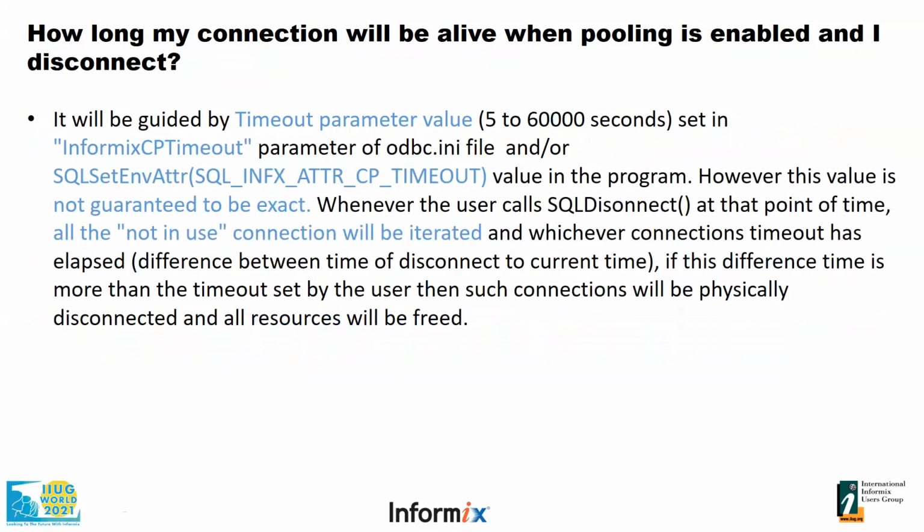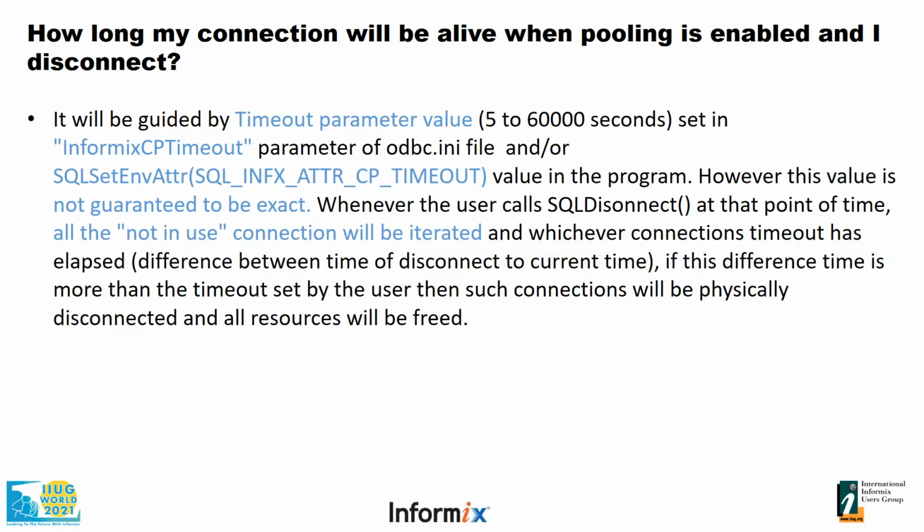Next, now we have connection pooling enabled, there are a couple of connections present in the pool, and applications are using them. Once the disconnect function is called from the application, it will check the connection which is connected to the application.